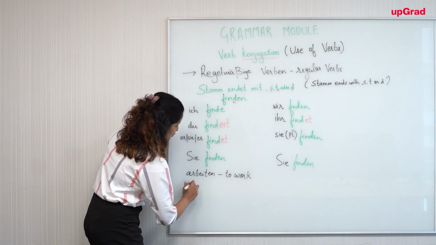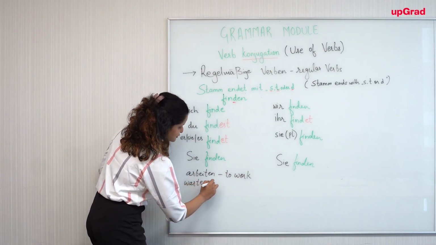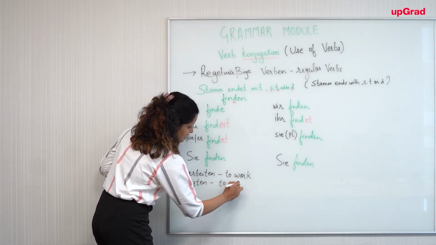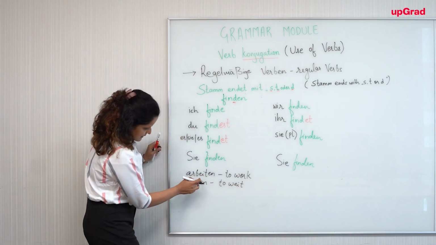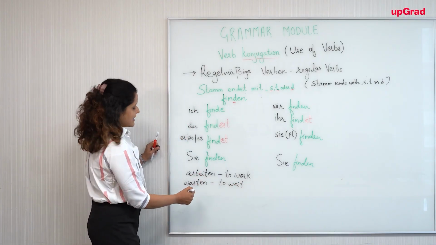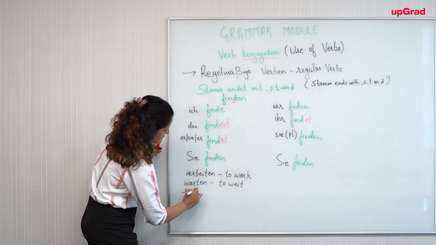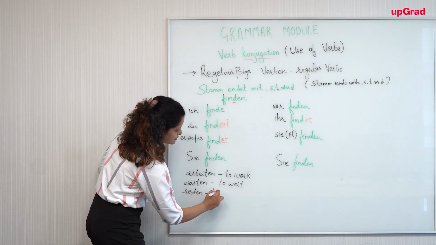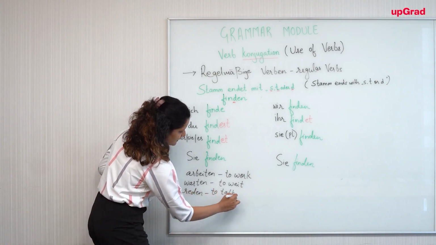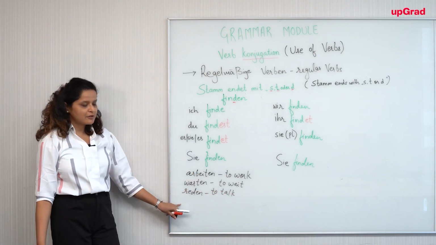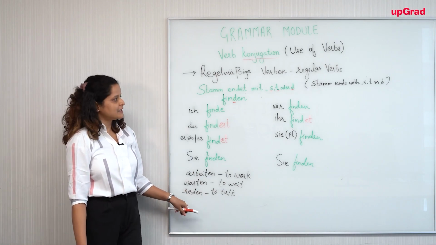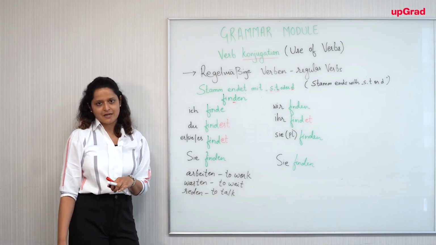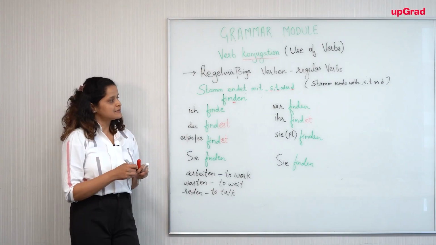You can take the verb warten, which means to wait. So you see, for both these verbs, the stem ends with T. And another verb that you can take here is the verb reden, which means to talk. So these verbs will be conjugated in a similar manner as we did the previous verbs, antworten and finden.